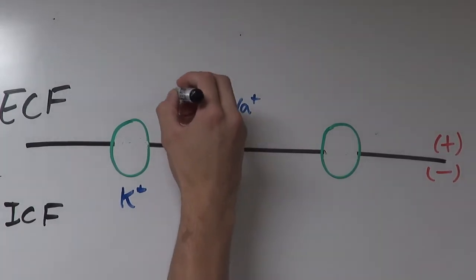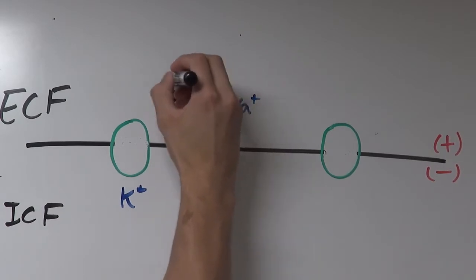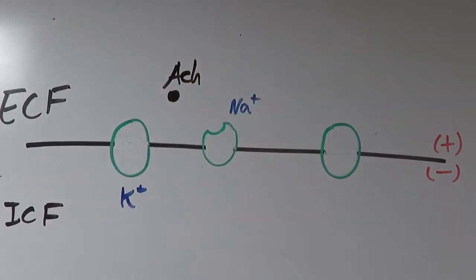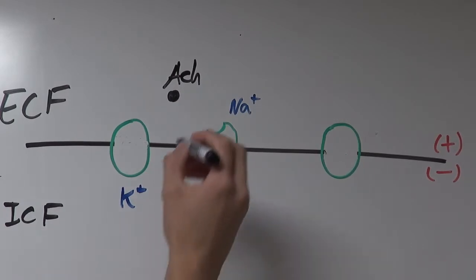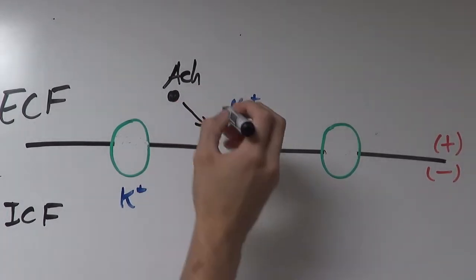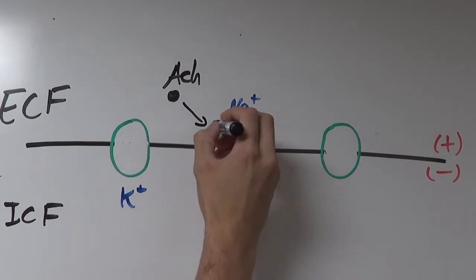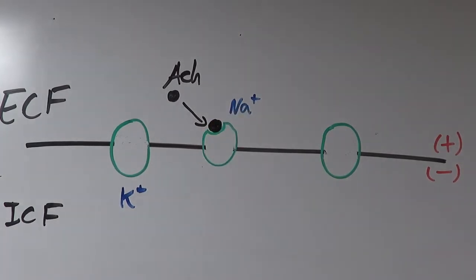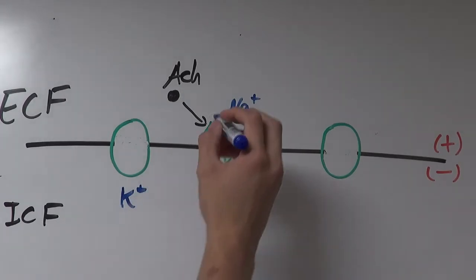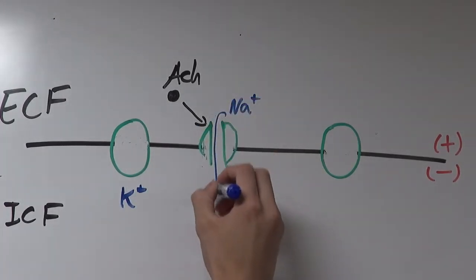So acetylcholine, or ACH, has been released by another neuron, and this particle will bind to the sodium ligand-gated channel, and that will cause this channel to open. Once this channel opens, sodium can now move into the cell.